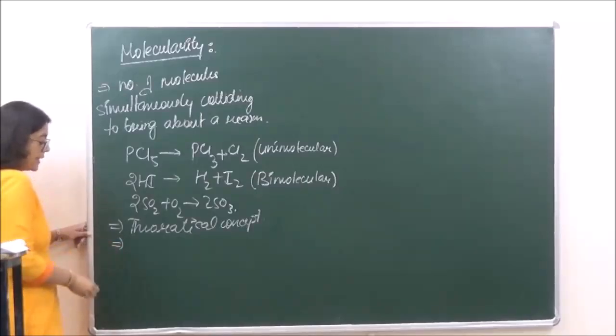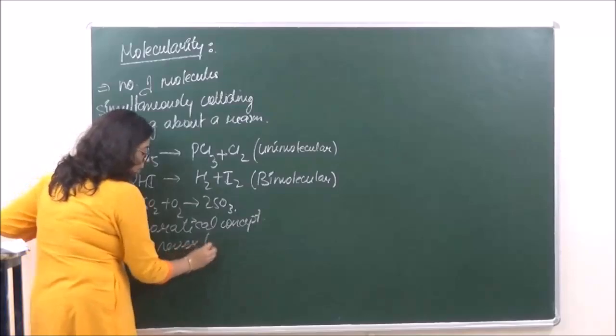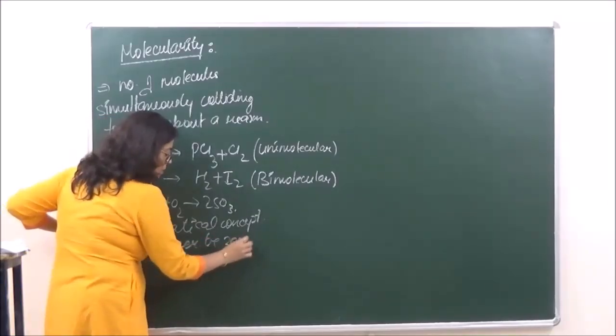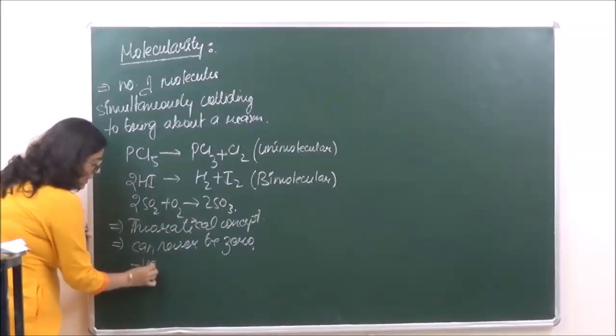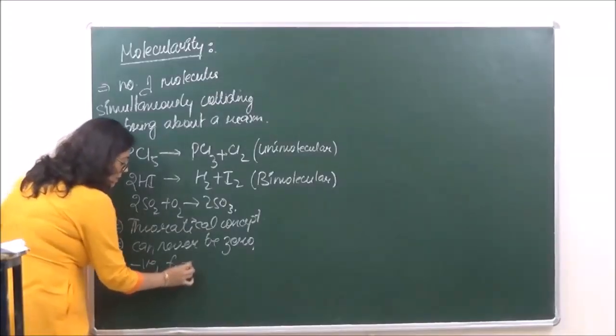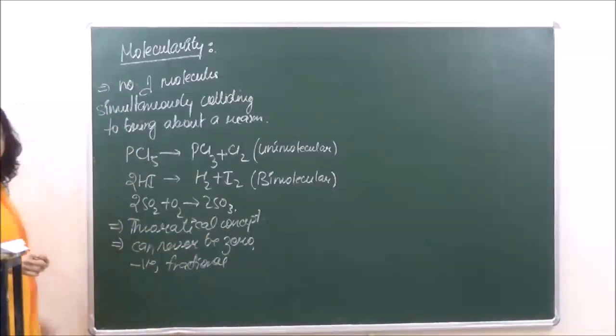Number two, it can never be zero. It can never be negative. It can never be fractional, which means it is always a whole number. It can never be infinite, and it can never be imaginary.